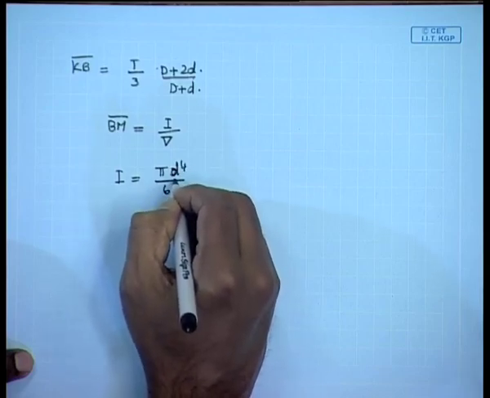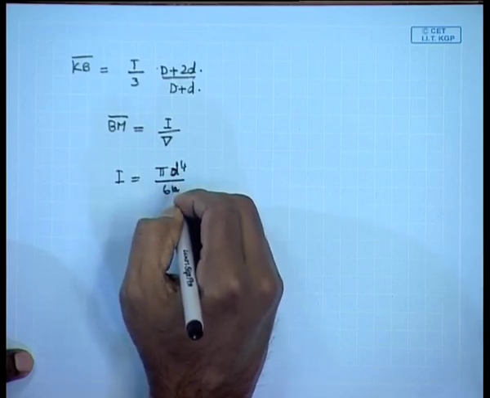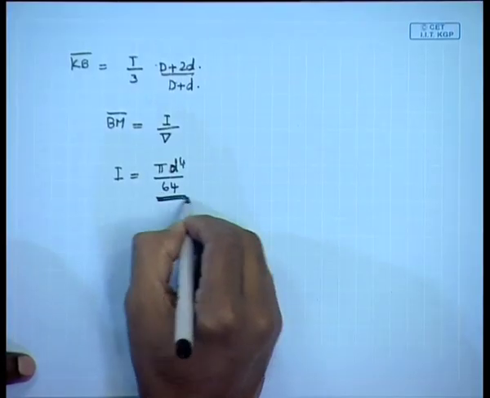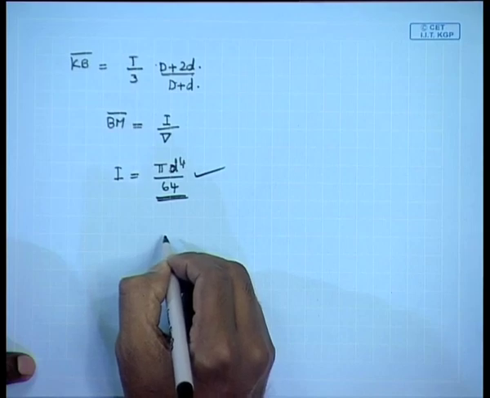We use the small d and not the capital D because we are talking about the water plane. The water plane area is the area at the region where the water line exists. Okay, at the point of the water line, the area that you have is what you call a water plane area. The water plane area's diameter is small d. So we have I is equal to pi d power 4 by 64.